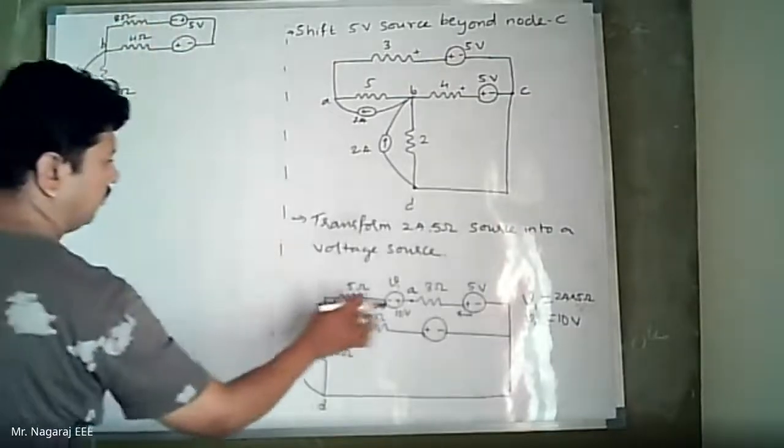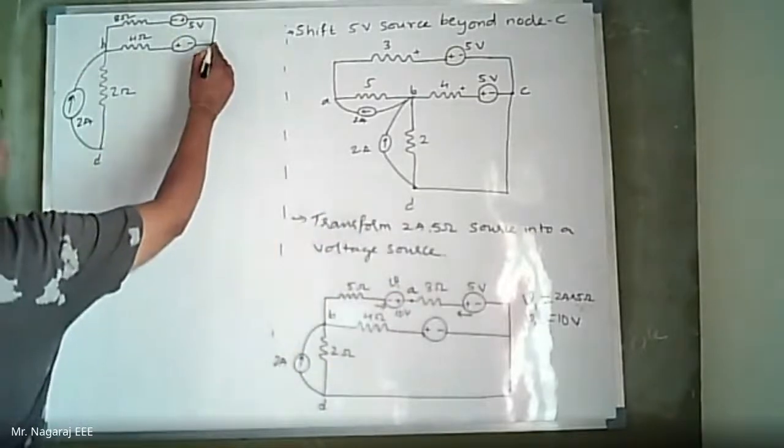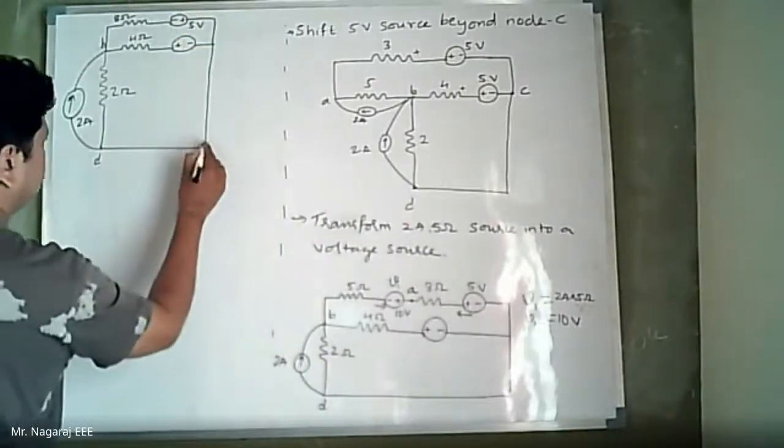This is 8 ohms, 5 ohm plus 3 ohm. 10 volt minus 5 volt, 5 volts. So this is the new reduced circuit. Now we have two voltage sources in parallel.